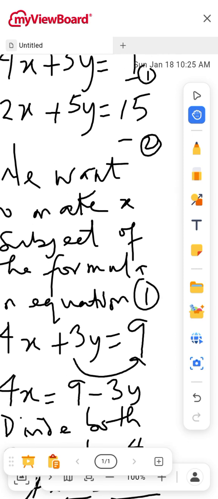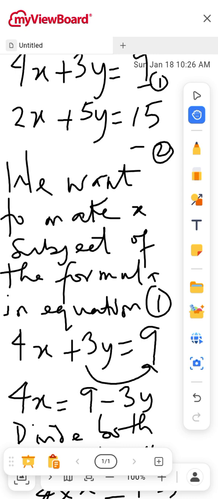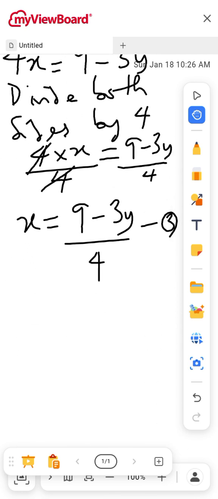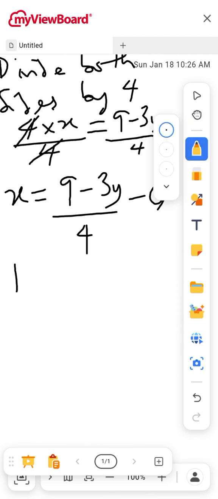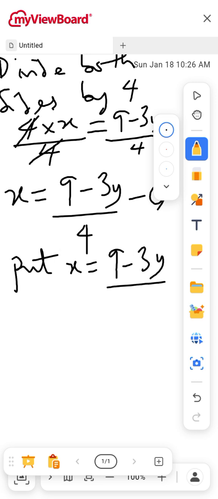Now, having gotten your equation 3, put it in equation 2 that you have not used at all. What does equation 2 say? 2x plus 5y equals 15. So put x equals 9 minus 3y over 4 in equation 2.